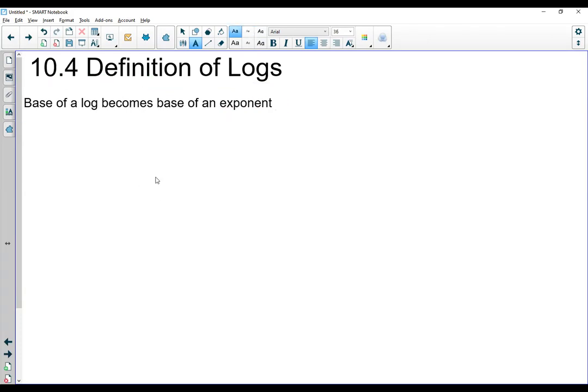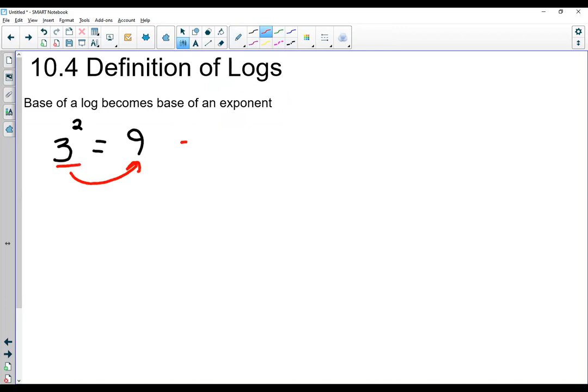Okay, so what does the concept mean? That means if I have something like this, let's do 3 to the second power equals 9. I can rewrite this. If I move the base of the exponent, it will become the base of a log.